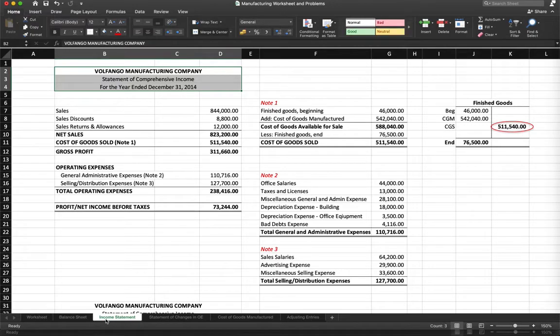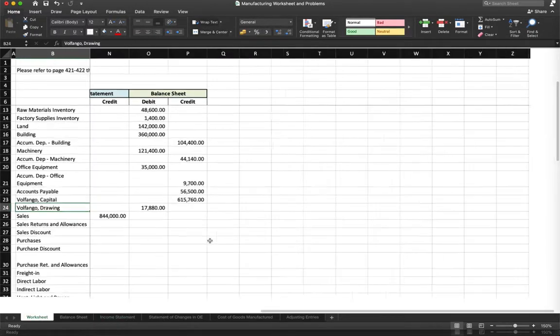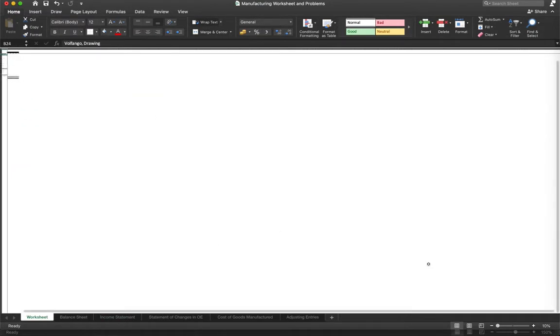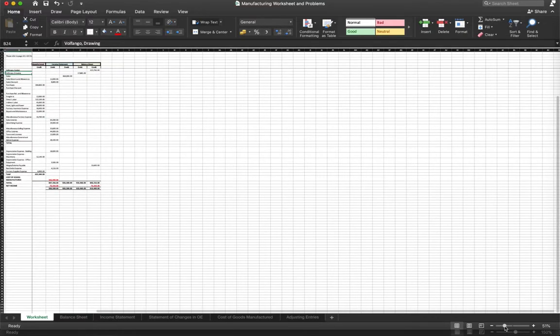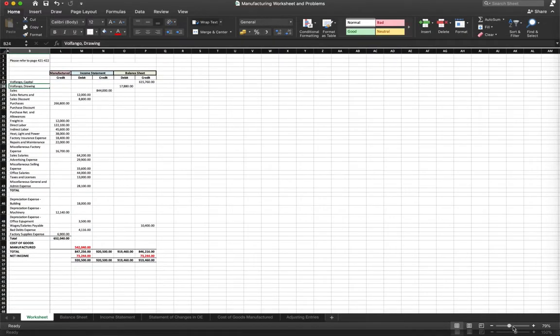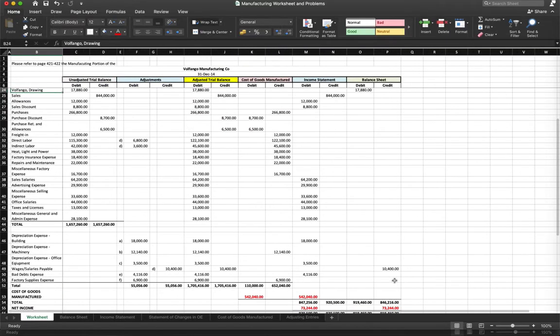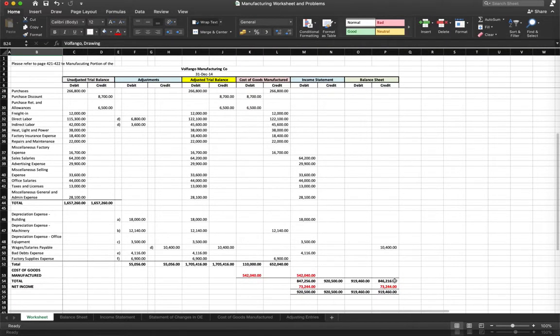Okay, so this is now our comprehensive example. So from worksheet, this is our worksheet. Biglang lumiit. Ano nangyari? This is our worksheet. Diba? From this worksheet, we were able to prepare.